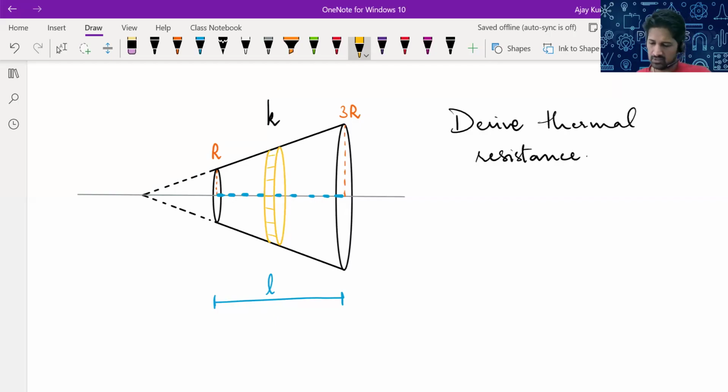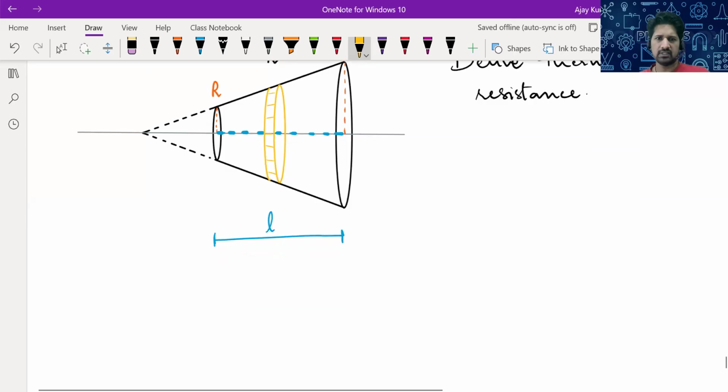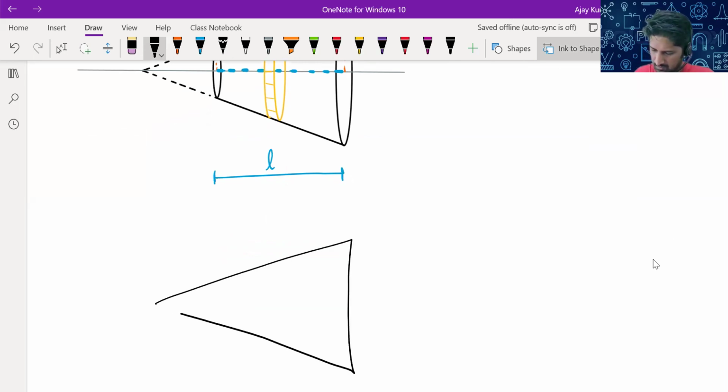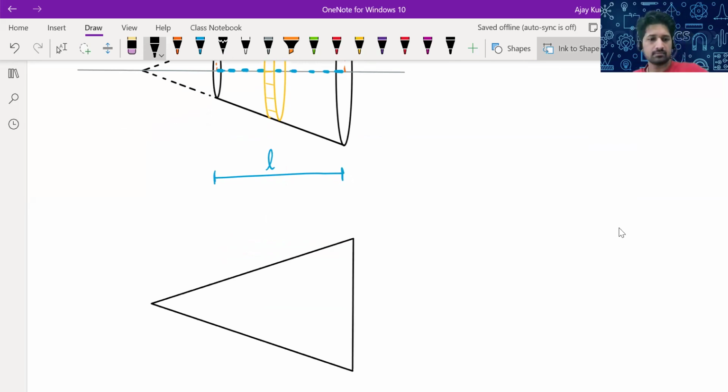Now the disk shown here, I'm trying to show you in 3 dimensions, but in 2D, if you visualize exactly from the side, it looks somewhat like this. If you see it from the side, it looks like this.